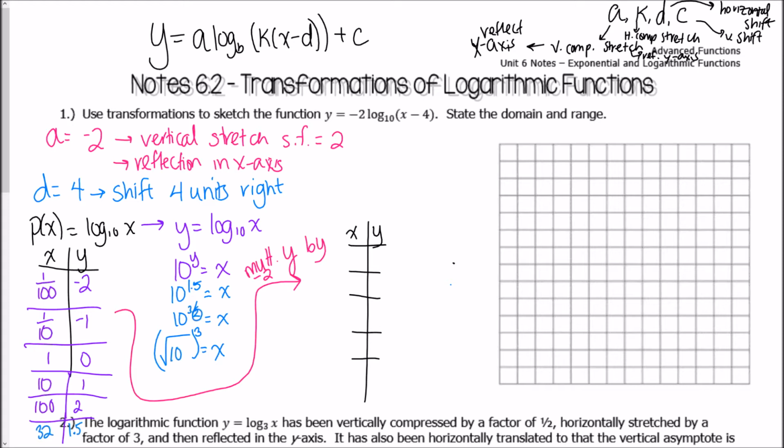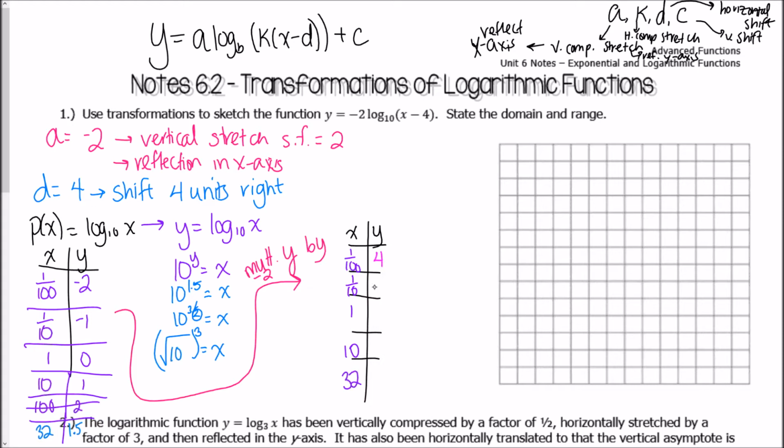So we're still going to have 1 over 100, 1 over 10, 1, 10, and I'm just going to skip the 100 for right now, and go to 32, because 100 is such a super large number. Then I'm going to multiply all my y values by -2. So this becomes +4.